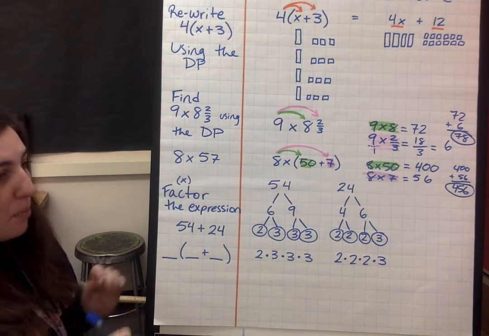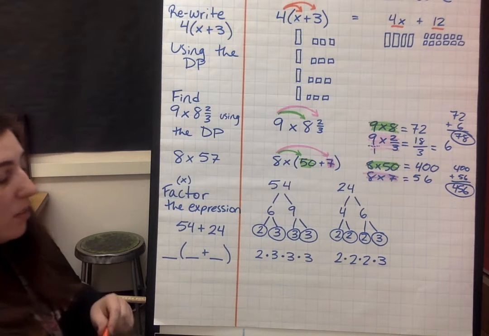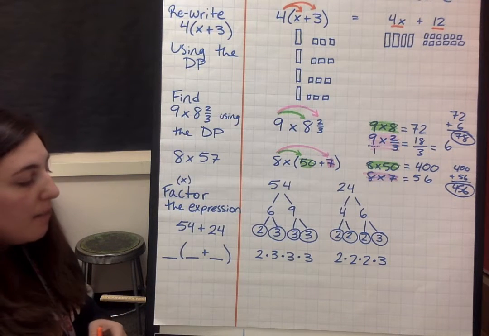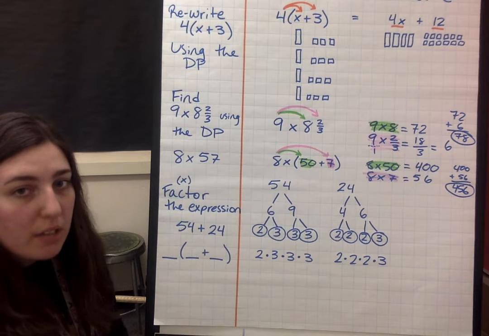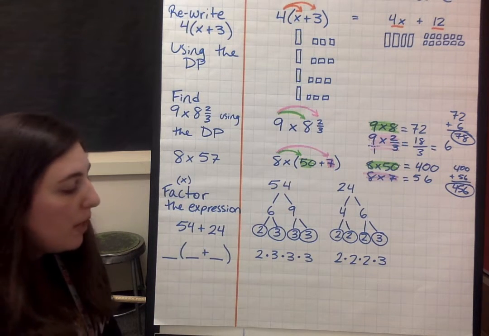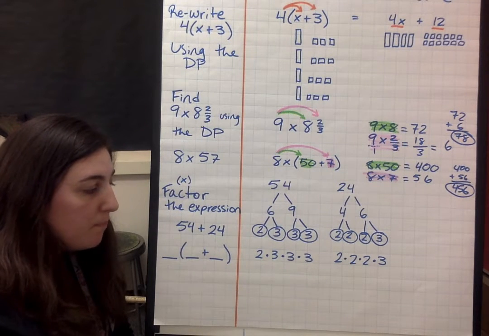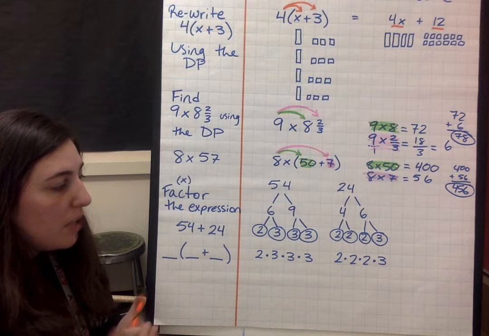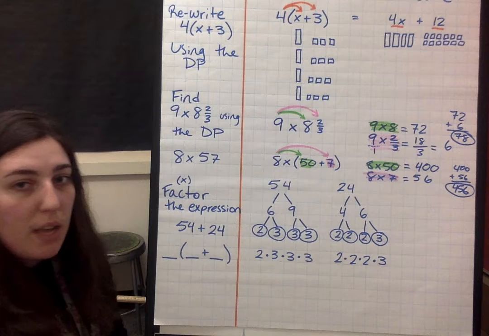The next step is to identify a couple of the factors that they have in common, or all of the factors that they have in common. So I noticed that the only two numbers they have in common are 2 and 3, and those are the only numbers that there really is here. There's no other numbers besides 2 and 3.